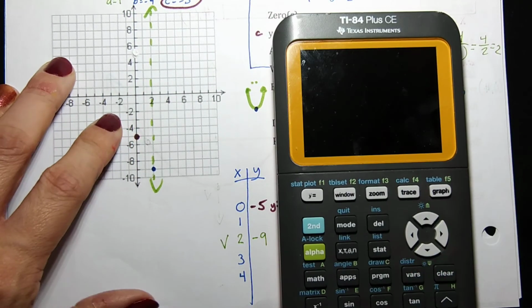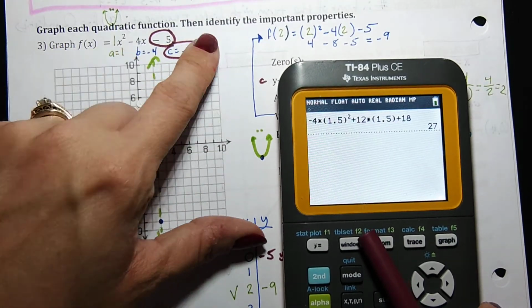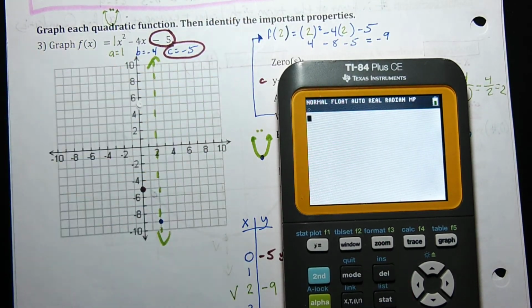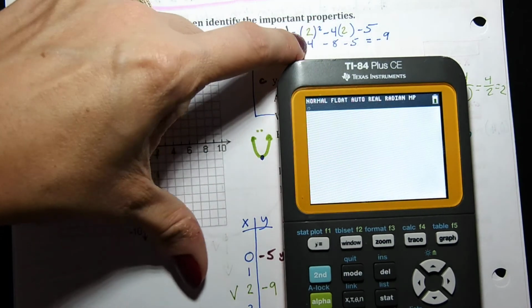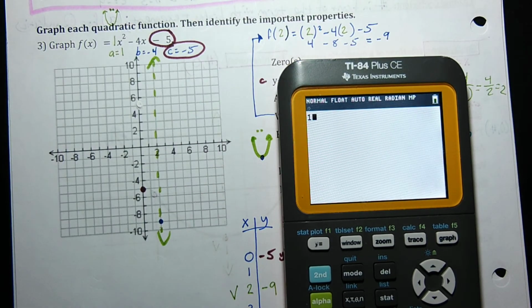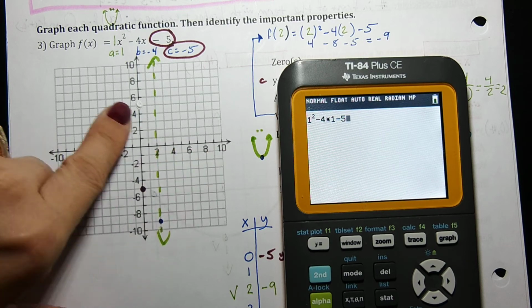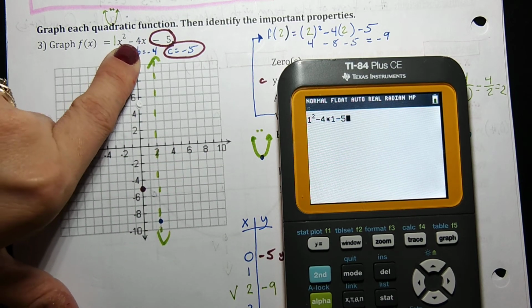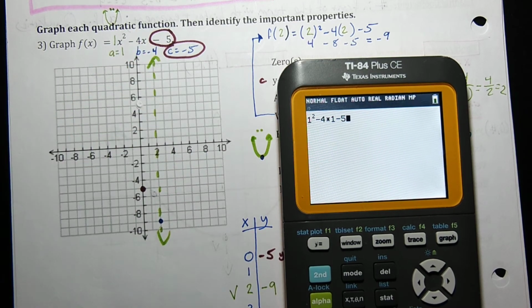So let's go ahead and do the same thing that we did to find our vertex up here. I'm going to take 1 squared minus 4 times 1 minus 5. Notice that I'm using a big minus sign in front of the 4, a big minus sign in front of the 5.